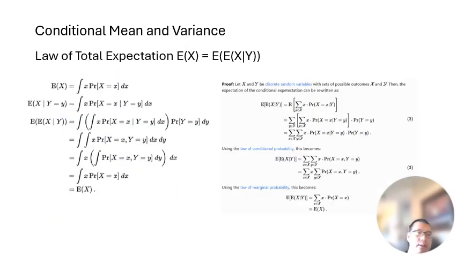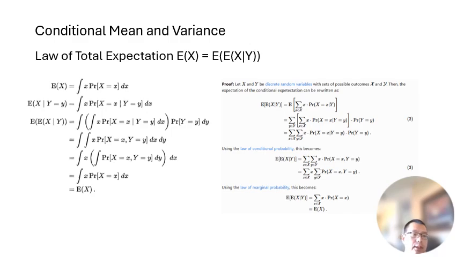Now we can look at the law of total expectation, which says the expected value of x is the expected value of the expected value of x given each y. Since there are two cases, discrete or continuous, the proofs for both are listed here.